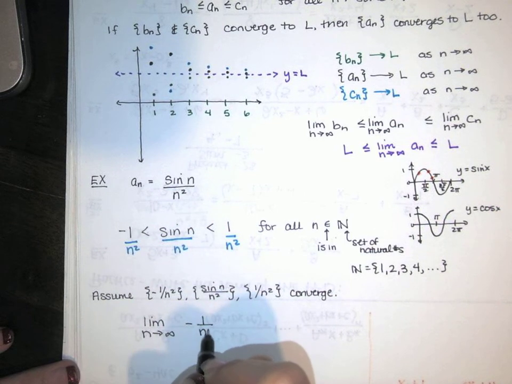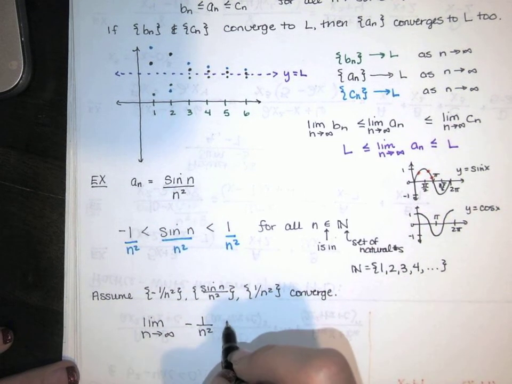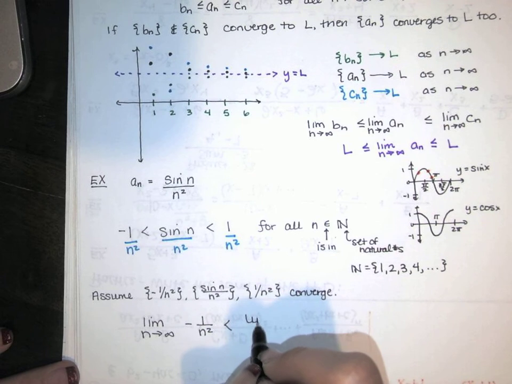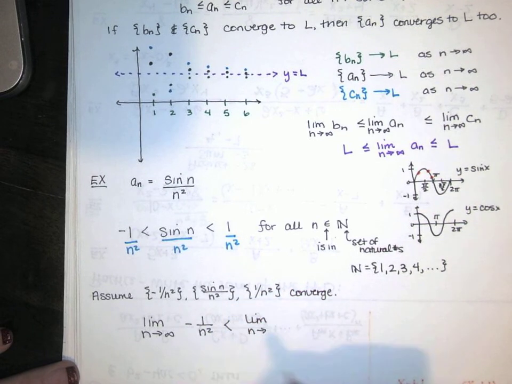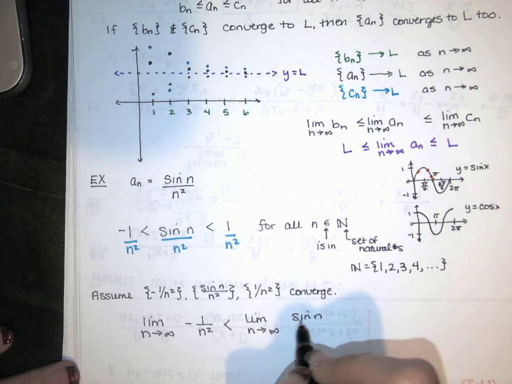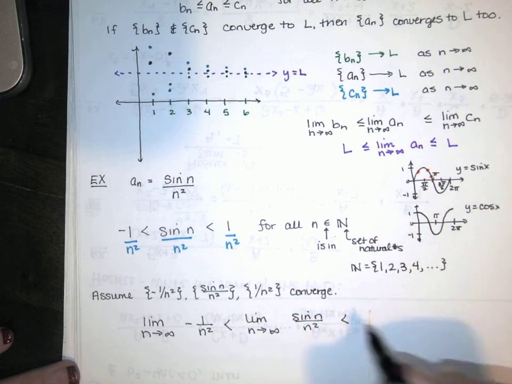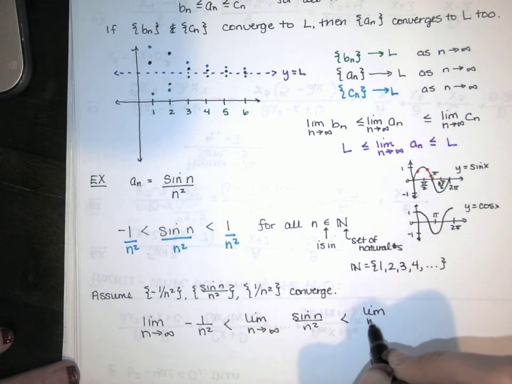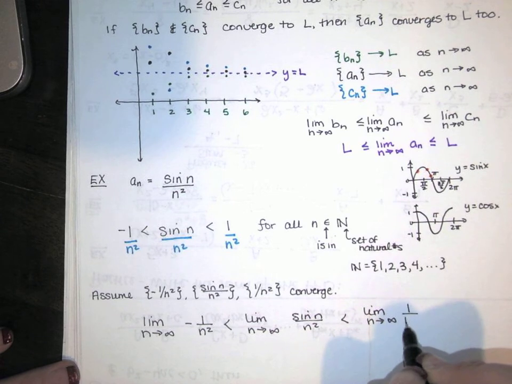The limit as n goes to infinity of negative 1 over n squared has to be strictly less than the limit as n goes to infinity of sine of n over n squared, which is less than the limit as n goes to infinity of 1 over n squared.